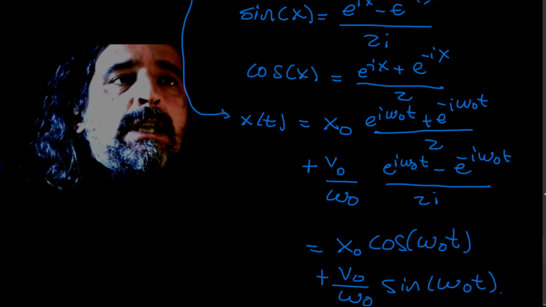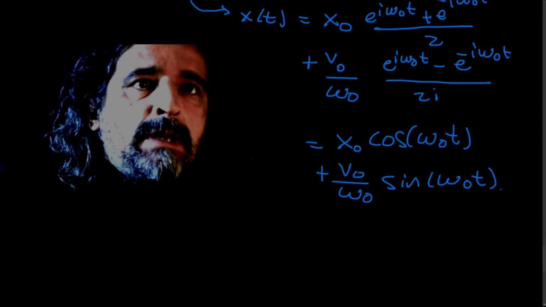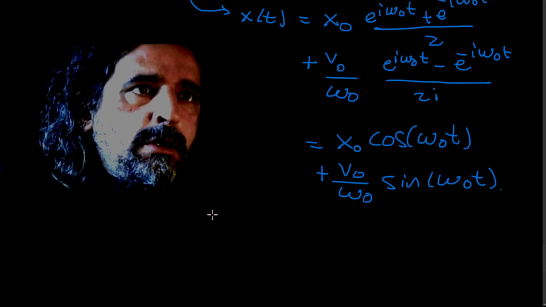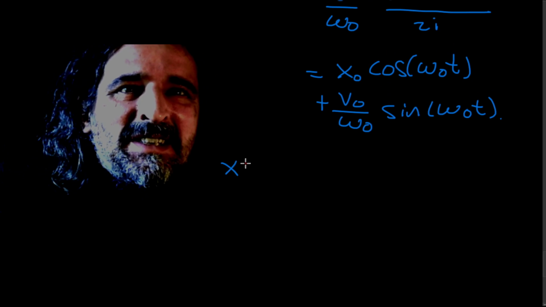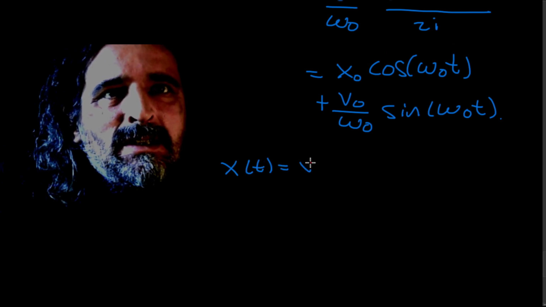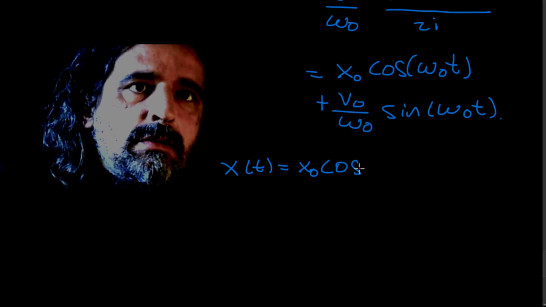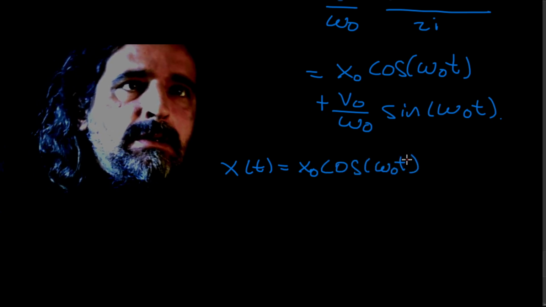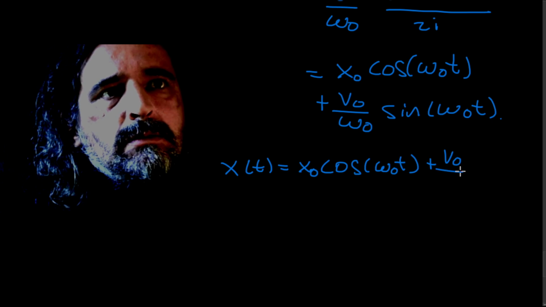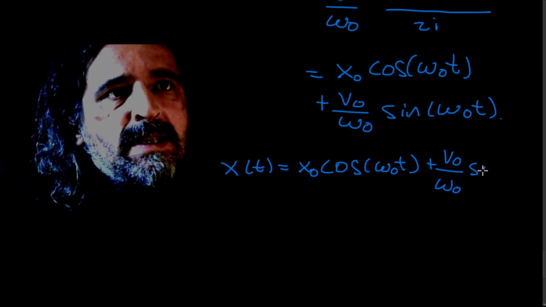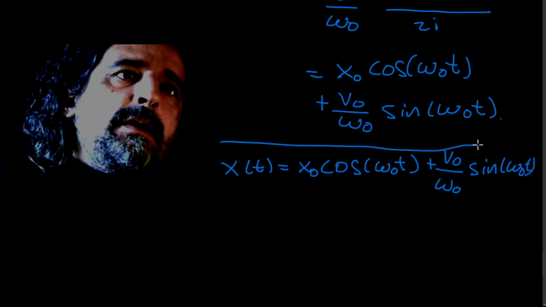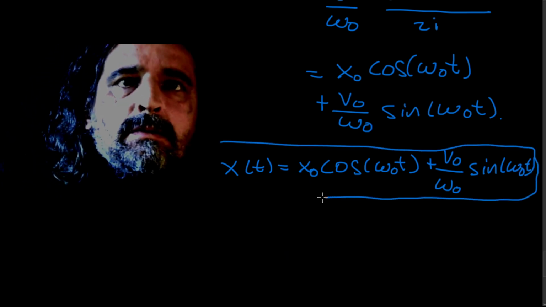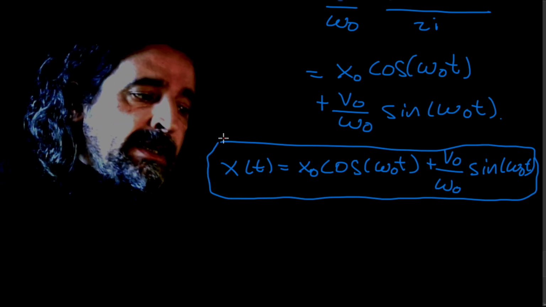And this is our general solution. Let me write it here in its full glory. We just finished the page. x of t equals x naught cos omega naught t plus v naught divided by omega naught sine of omega naught t. That's our general solution.